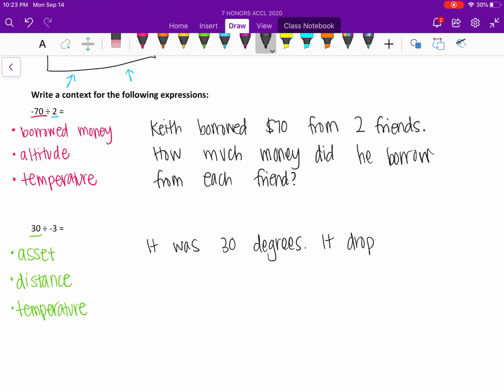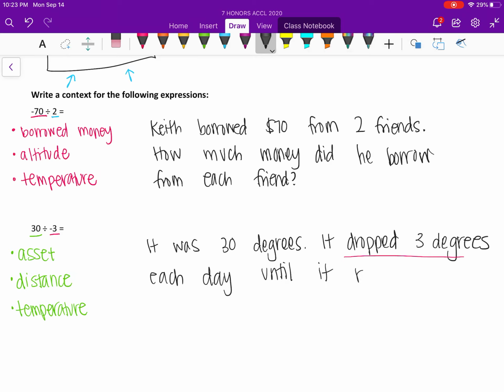Okay, let's see. The temperature dropped 3 degrees. Okay, so remember when it drops, it's a negative. So that's why I'm dropping it 3 degrees. So it dropped 3 degrees each day until it reached 0 degrees.